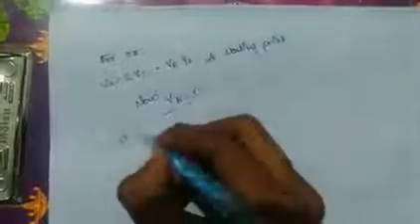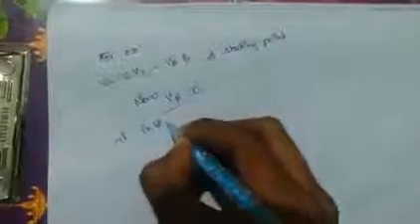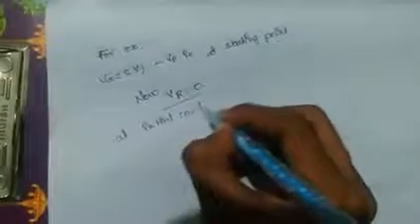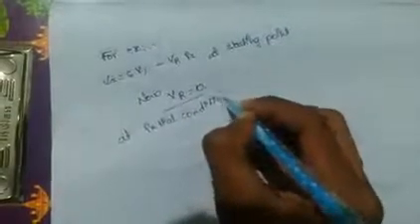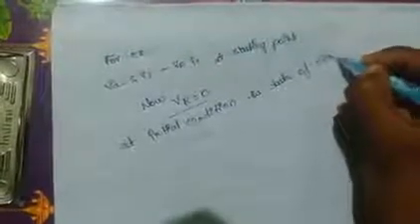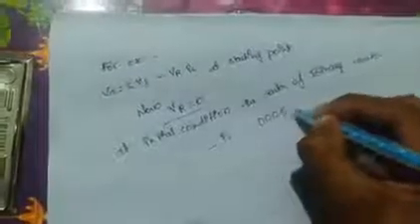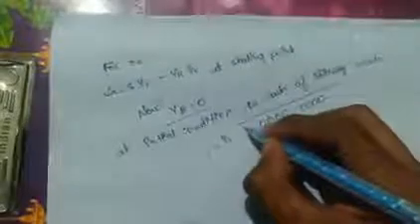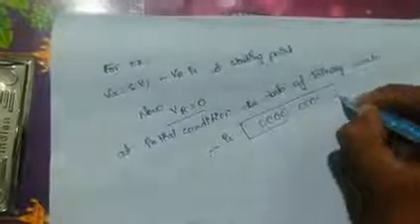At the initial condition, the data produced by the binary counter is 00000000. This is the output of the binary counter at the initial condition.